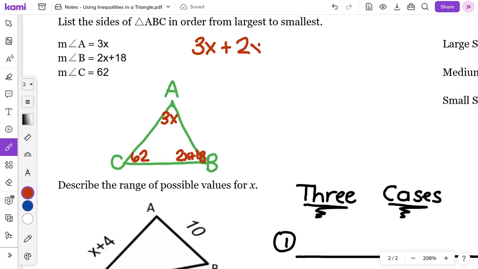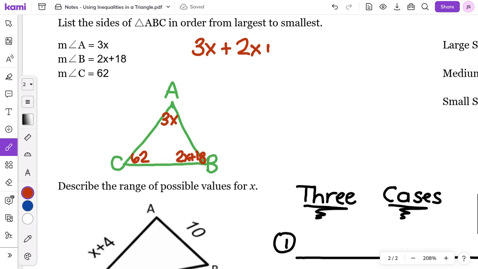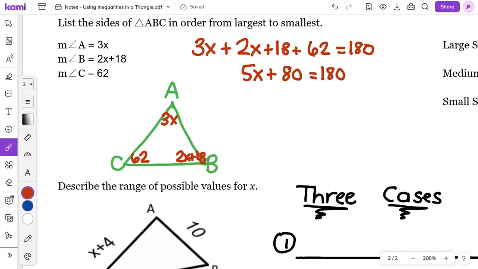So let's set up that equation. 3x plus 2x plus 18 plus 62 equals 180. Again, addition is commutative. You can add them in whatever order you would like. If we simplify this, 5x plus 80 equals 180. So 5x equals 100. So x must equal 20.